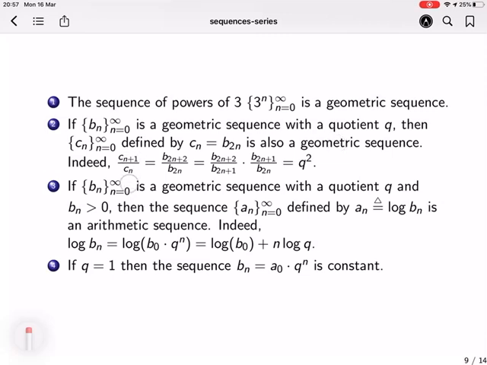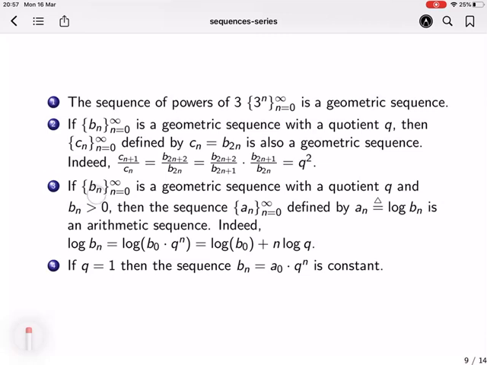Well, c(n+1) over cn equals b of 2n plus 2 over b of 2n. Now let's divide and multiply by b of 2n plus 1. We know that the first ratio equals q. The second ratio also equals q, so we have q times q equals q squared. Namely, cn is a geometric sequence with quotient q squared. Good.